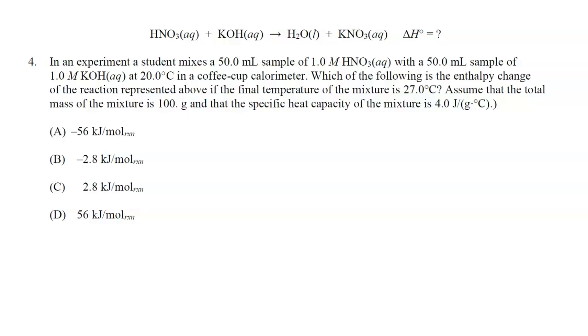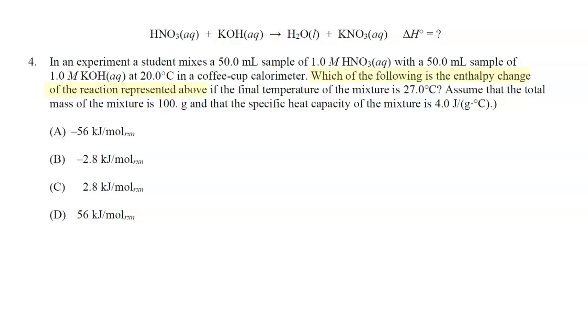It says, in an experiment, a student mixes a 50 milliliter sample of 1 molar aqueous nitric acid with a 50 milliliter sample of 1 molar aqueous potassium hydroxide at 20 degrees Celsius in a coffee cup calorimeter.